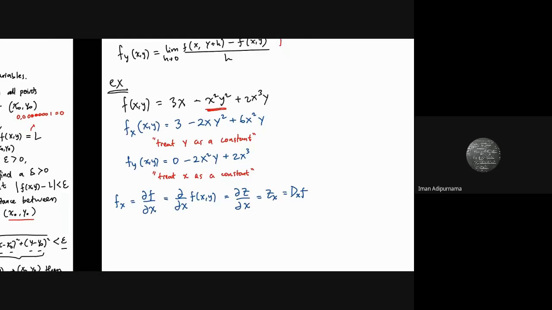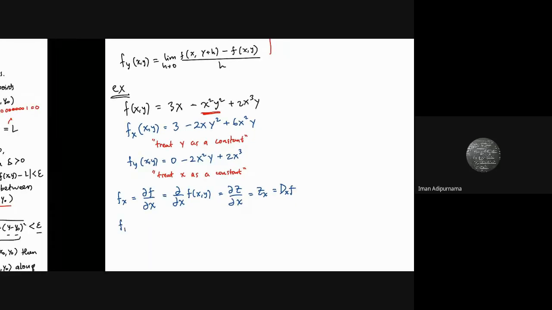Or maybe in your textbook they also mention to write F1 like that, or D1F, and if Fy is F2, D2F, and the rest will be similar. It's up to you which one you are going to use as a written form, as long as you understand the basis of the partials.